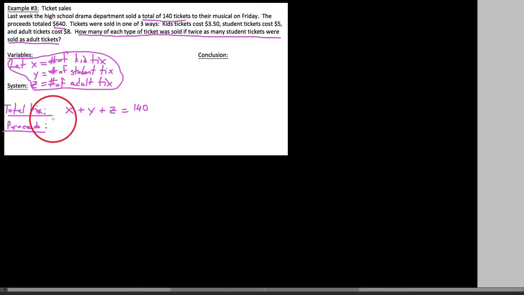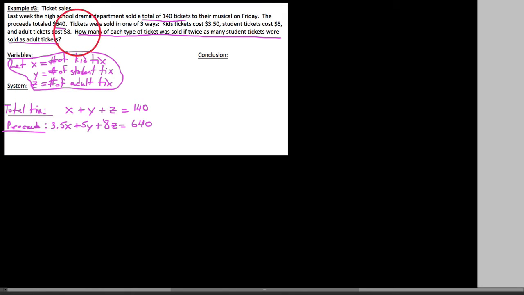So the total amount of money would be 3.5 times however many we sold at $3.50, plus 5 times however many tickets we sold at $5, plus 8 times however many tickets we sold at $8, and we know that the total revenue, or proceeds, was $640.